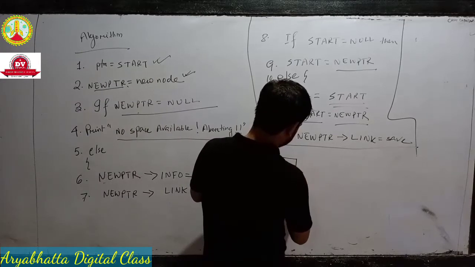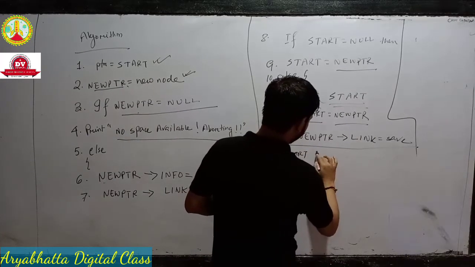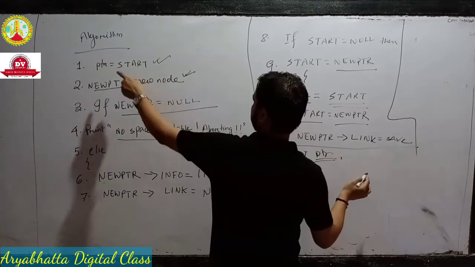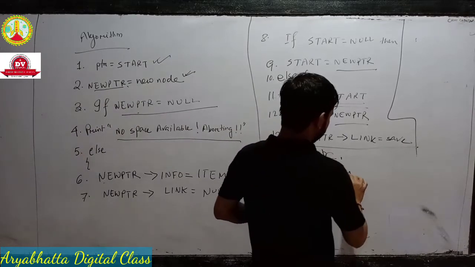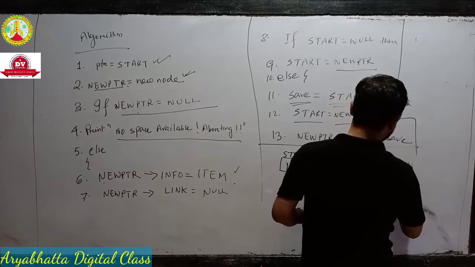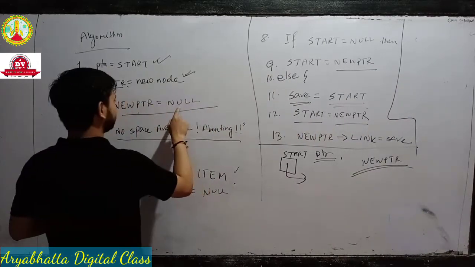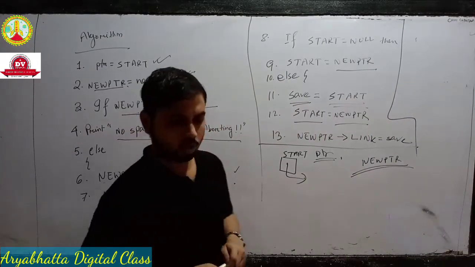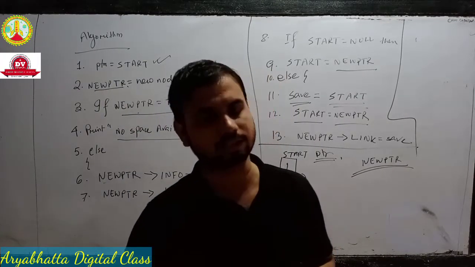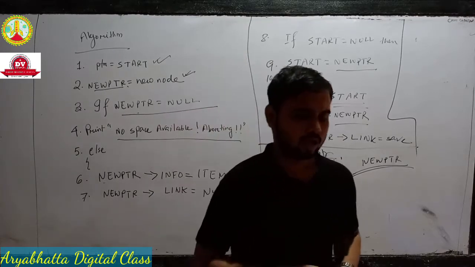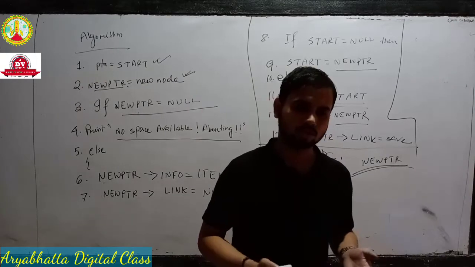We give the start pointer in PTR, one pointer PTR, and the new node is under new PTR. If new PTR is equal to null, it means the new node does not exist.